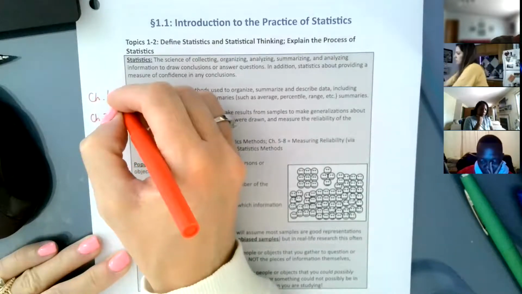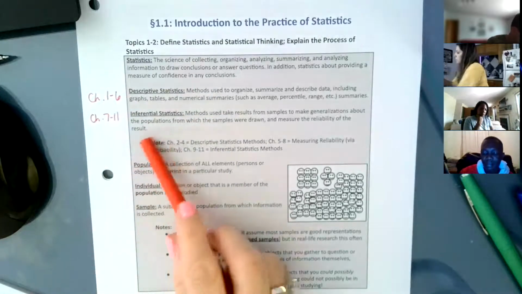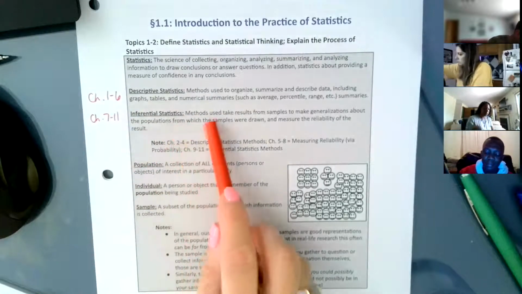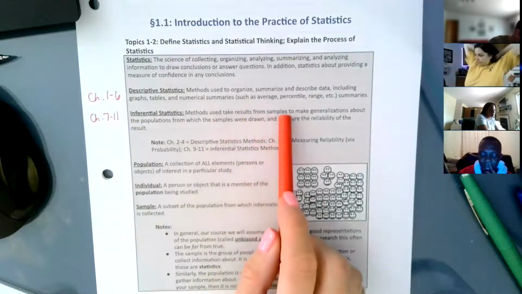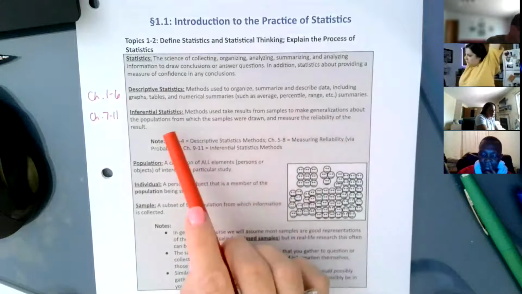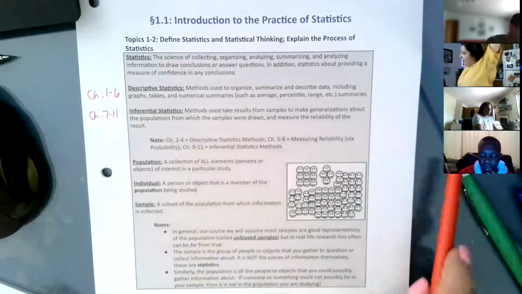So this is really 1 through 6 about. Chapters 7 through 11 are inferential statistics, and that's where methods are used to take results from samples to make generalizations about the population from which the samples were drawn and measure the reliability of the result.